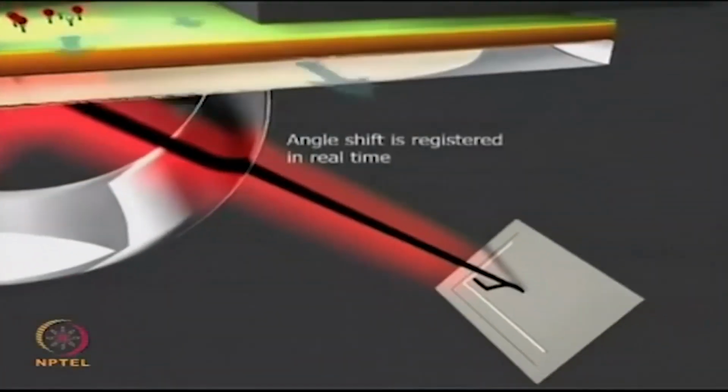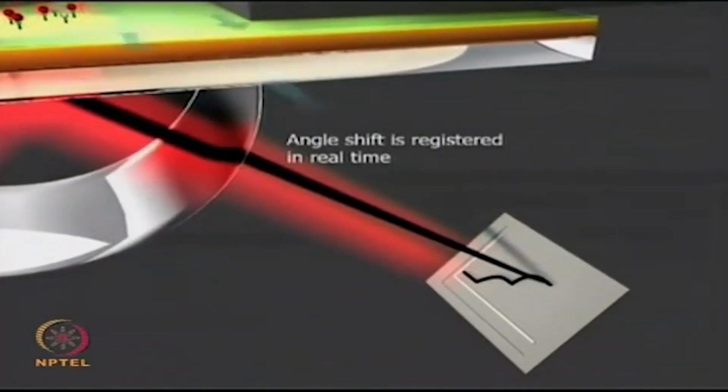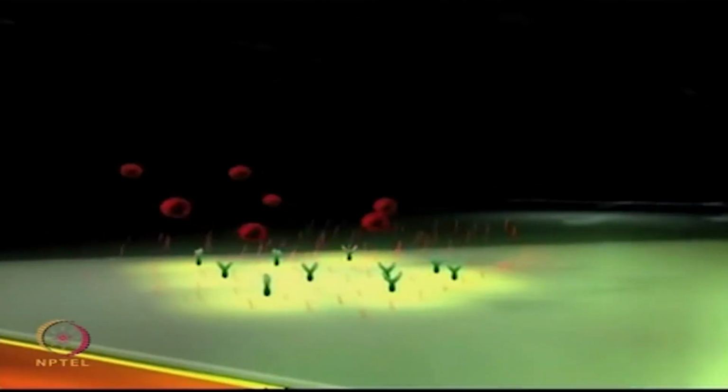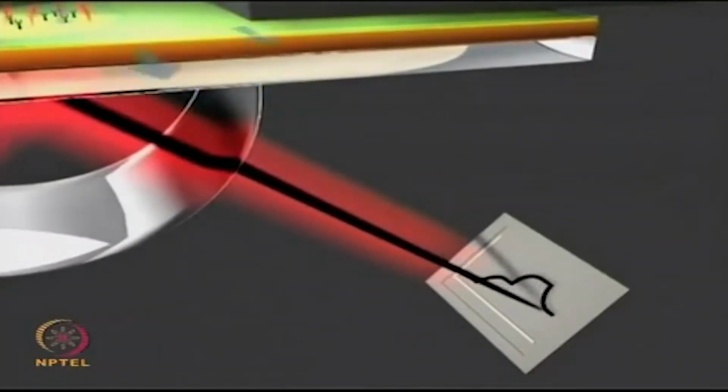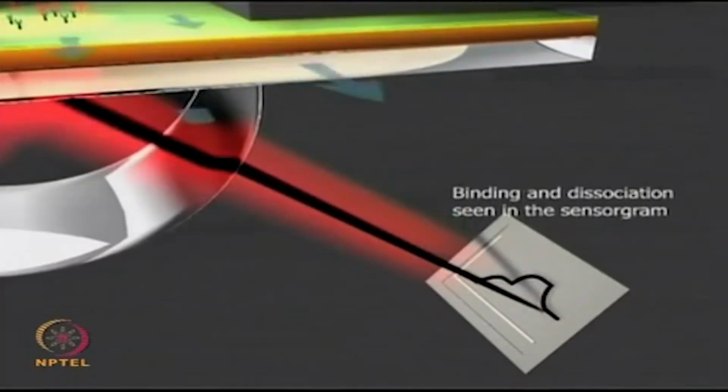Now you pass the second interactant A over it. If binding happens and AB gets formed, you see a further increase in mass, which is again measured in real time. You stop the flow of A and start flowing a buffer, it comes off in a dissociation, and that dissociation is also seen in real time. So essentially what you are doing with Biacore is actually just measuring the amount of mass on the surface of the chip.